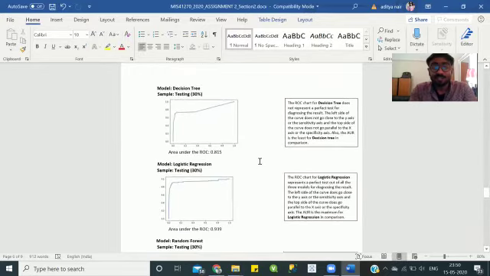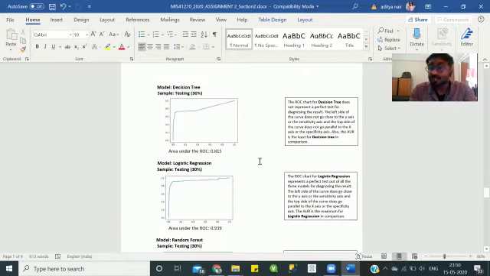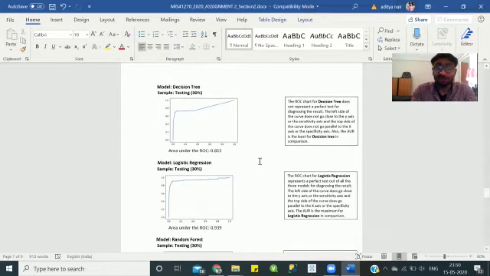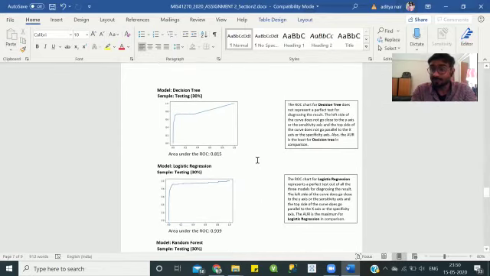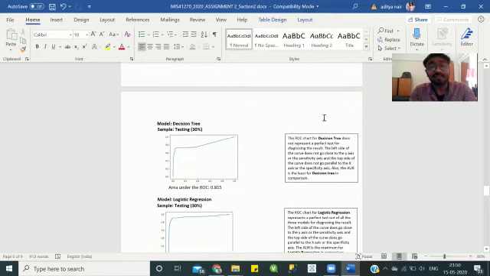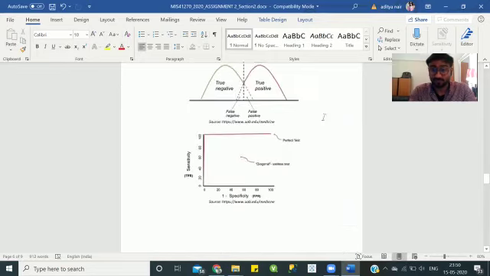Now coming down to the ROCs provided for each of these models: decision tree, logistic regression, and random forest. As you can see on the screen, the ROC generated for the decision tree does not represent a perfect test for diagnosing the result. And now, what is a perfect test?